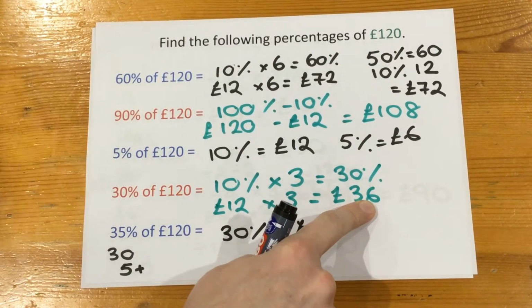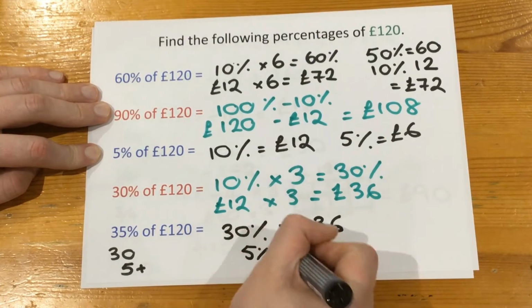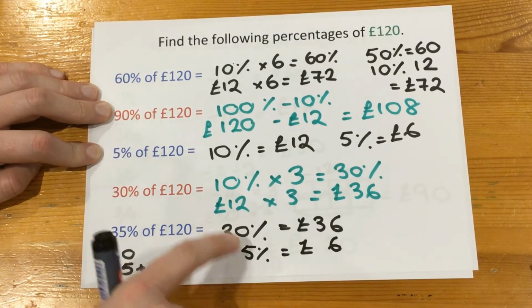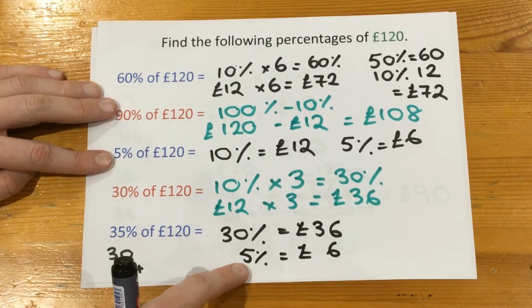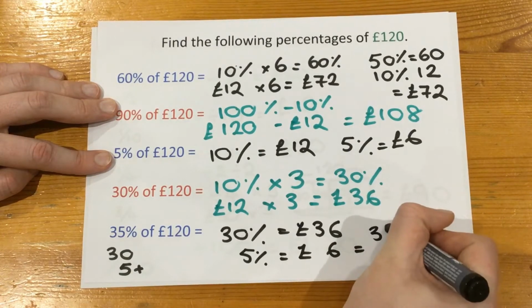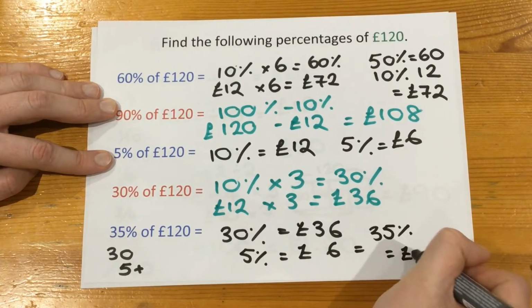And I already know that 5% is £6. So now if I add the 30 and 5% together, it'll give me 35%, which is £42.